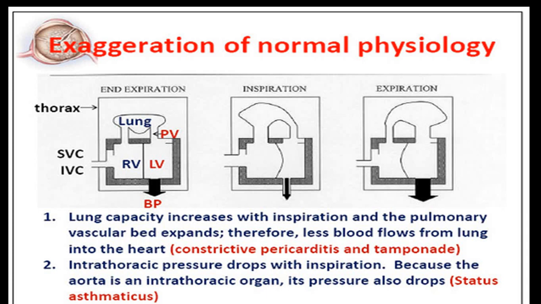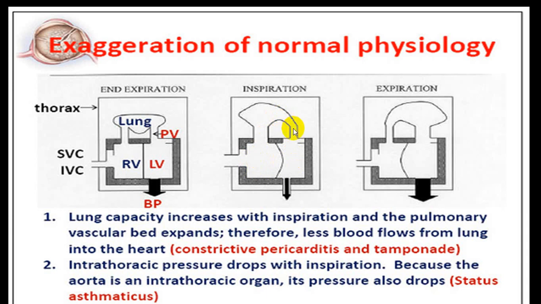Better explanation is here. So during a deep inspiration, there is decreased venous return to the right side of the heart. But comparatively, the right ventricle gets adequate blood, more than the LV. So the interventricular septum is shifted towards the left side, reducing the LV capacity, and also the venous return is less.